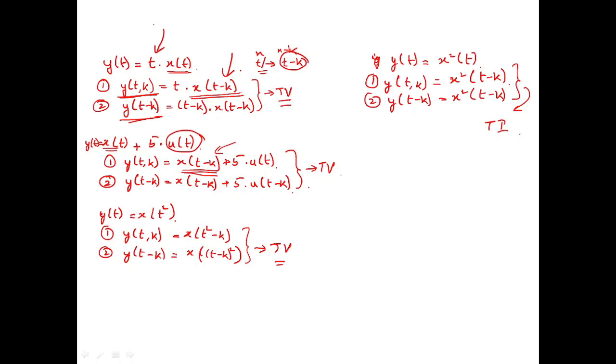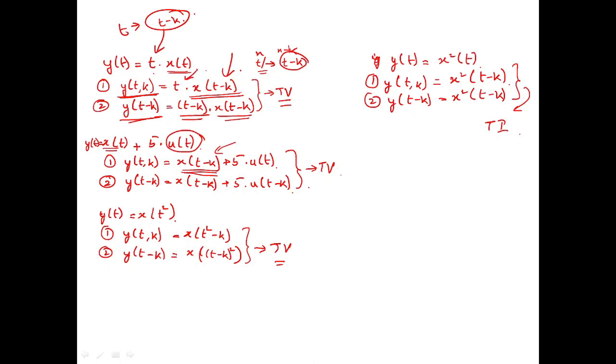On the other hand, in the second case, we have to find out the output when the time is replaced with t minus k. So this will also change to (t minus k) times x(t minus k). In the second case, t will be replaced with t minus k.